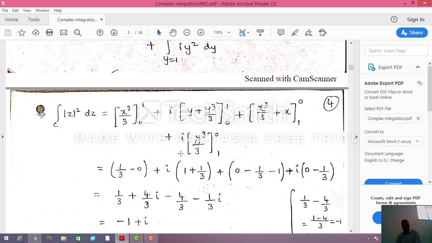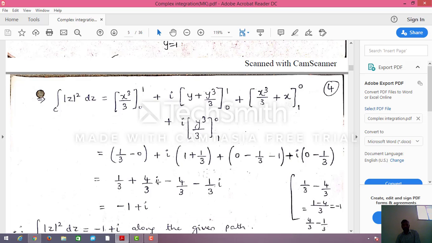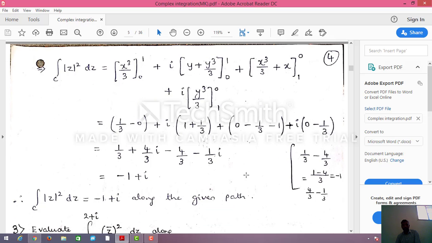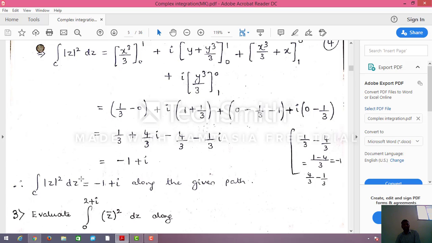And next one should be i into y cube by 3, so i into upper limit 0, lower limit 1 by 3. 1 by 3 plus 4 by 3 i minus 4 by 3 minus 1 by 3 i. So you will get minus 1 plus i. If you simplify all this, you will get minus 1 plus i. Integration over C of modulus of z square into dz equal to minus 1 plus i along the given path.